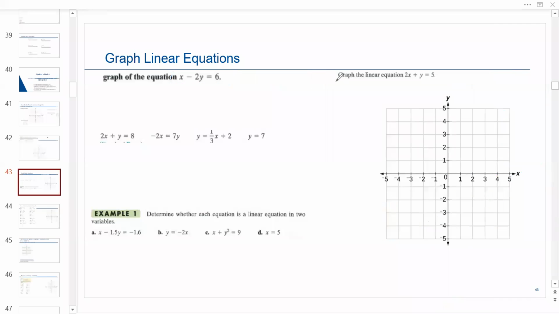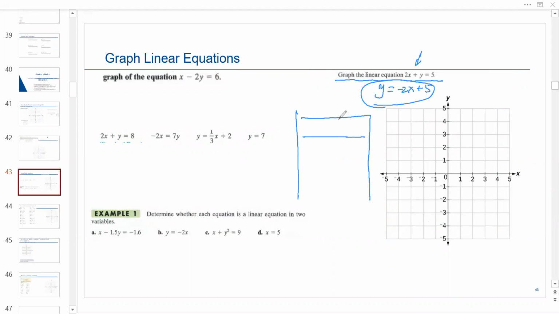Now let's graph this one. You can see here it is 2x plus y equals 5. We do some transformation: y equals -2x plus 5, right? So we can do the x, y table right here.